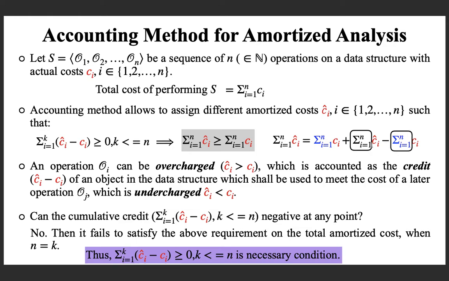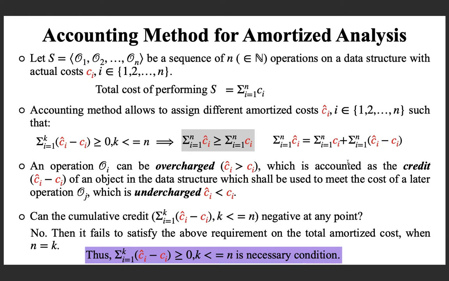sum over i equal to 1 to n. Here it is amortized cost and here it is actual cost. So, you can take the summation outside. It is nothing but the summation over i from 1 to n of the difference of cost, which is exactly what we are getting: C-cap i minus C i. Now, we assume that this is a positive quantity.